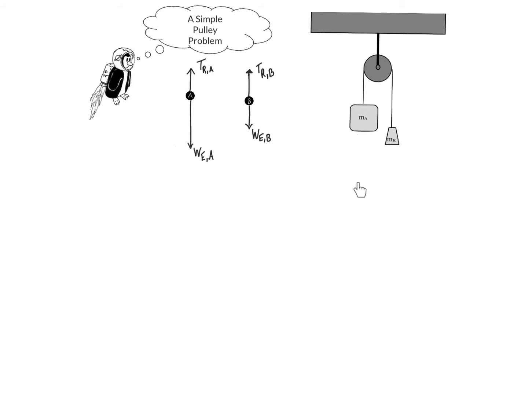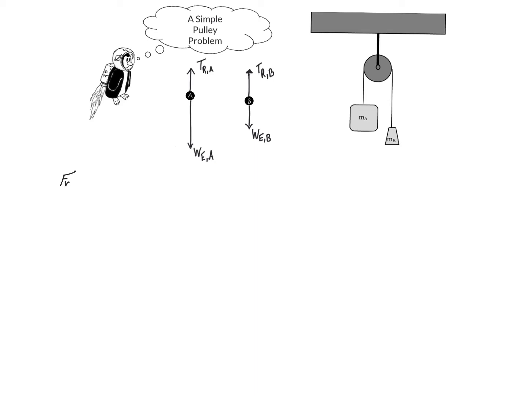But if we define our positive direction as the positive direction of the motion, that means that A's net force should be positive this way, and B's net force should be positive in that direction. So from an outside observer, it looks like they're opposites, but from the point of view of the rope, they're in the same direction. When we write the net force, we have to keep this in mind.